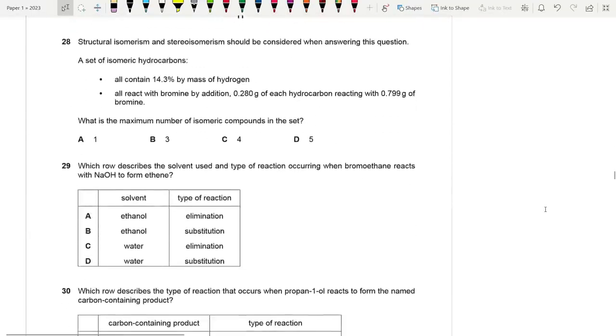28. Structural isomerism and stereoisomerism should be considered when answering this question. A set of isomeric hydrocarbons are given. Okay, so let's see. All contain 14.3% by mass of hydrogen. All react with bromine by addition, 0.280 gram of each hydrocarbon reacting with 0.799 g of bromine. This is such an annoying sum.